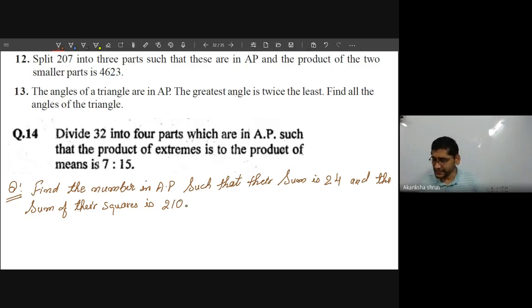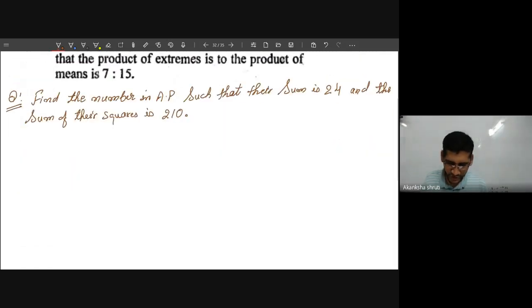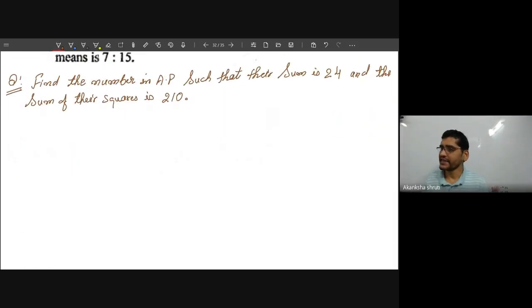Here you can feel the difference. If I am choosing the 3 terms in AP as a plus d, a plus 2d, then how is the calculation? And if I am choosing a minus d, a and a plus d, then how is the calculation?